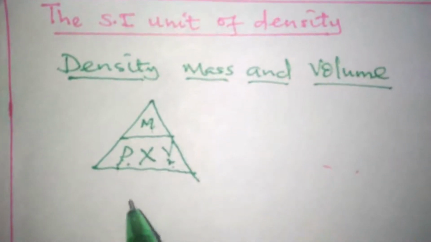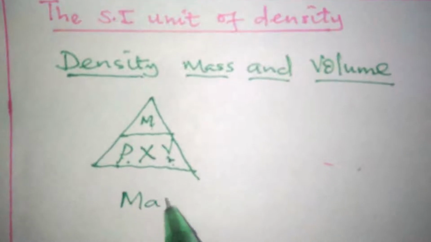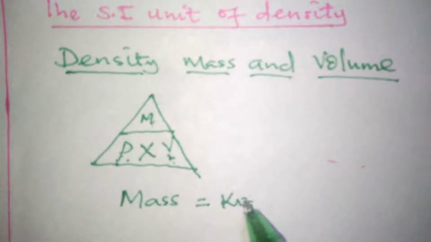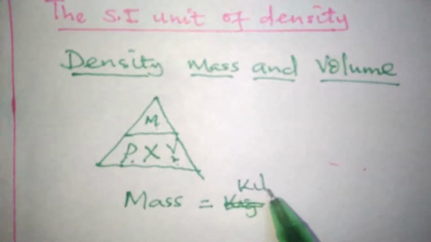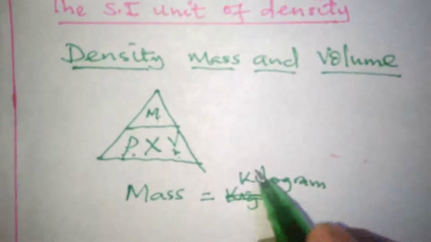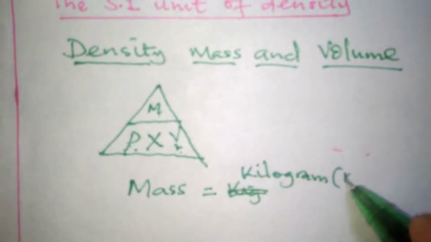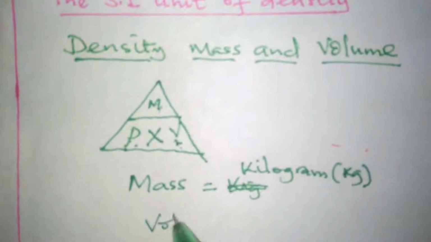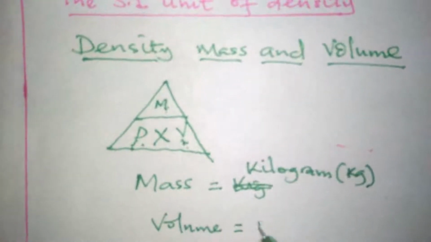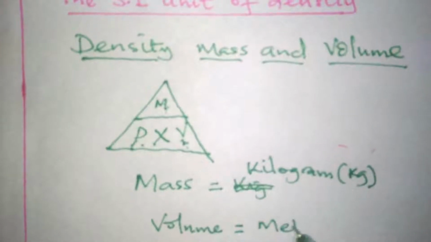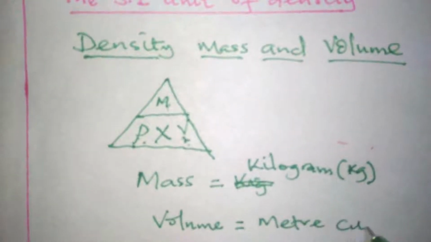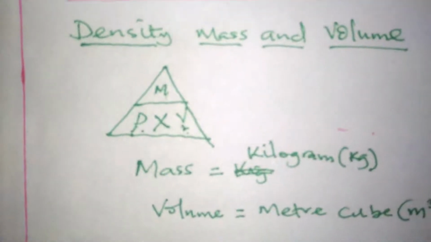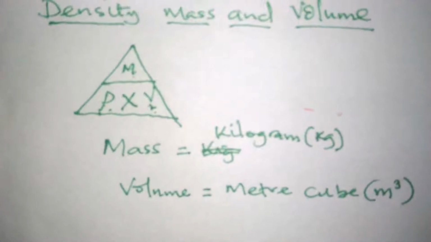Now, usually, mass is measured in kilogram, and the symbol for that is kg. Now, volume is measured in meters cube, or basically cubic meter, which is written as meters cubed, like that.